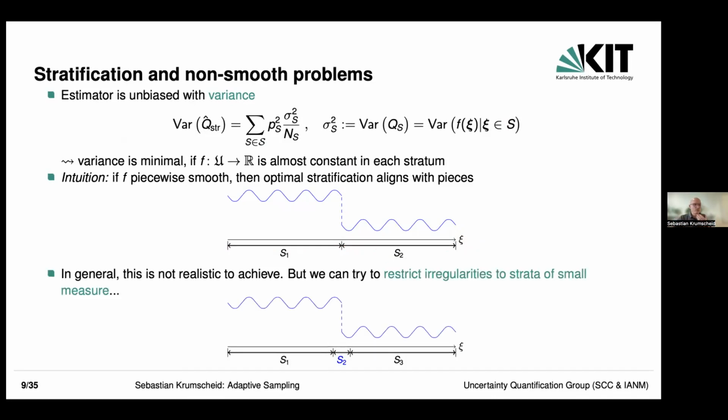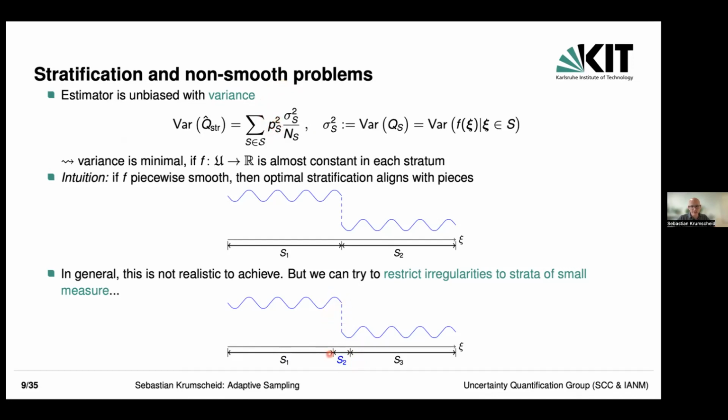So the remedy, what we are hoping for in practice, is that maybe we can somehow, using samples, identify a stratification such that the jump discontinuity that may be there is isolated in a stratum of small size, because P_S is the size of our stratum.